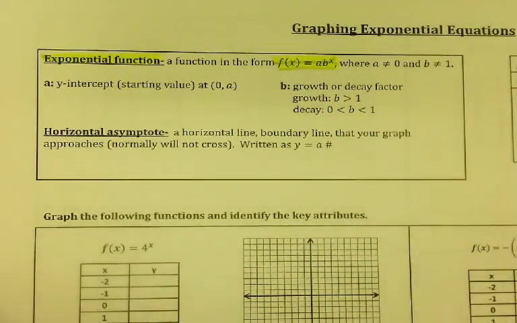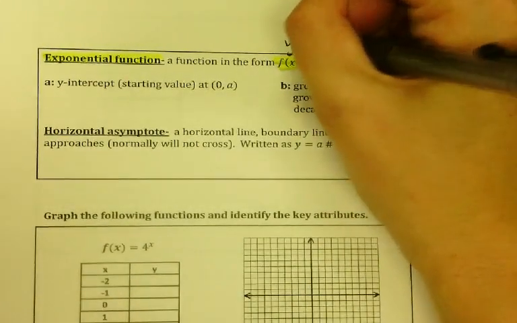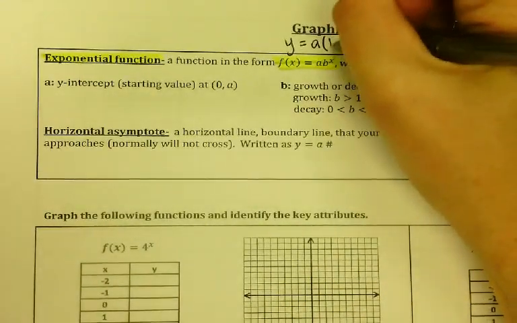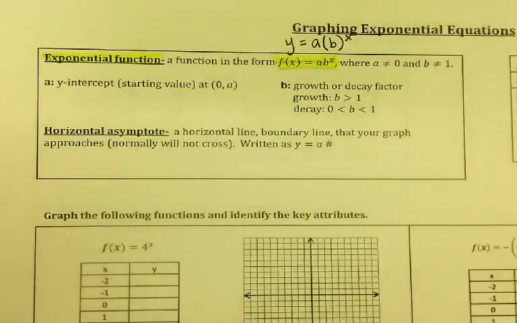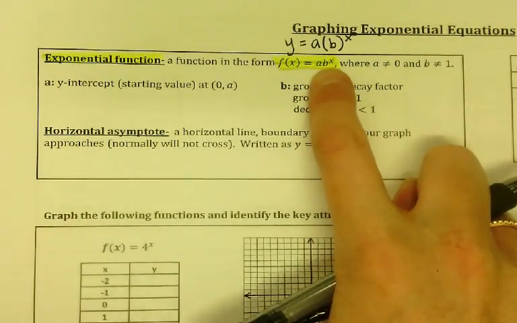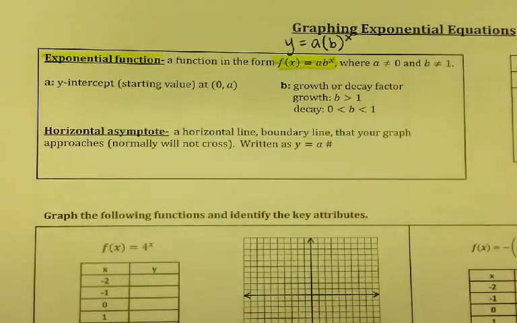Another way you can see this written is instead of f of x, you could have y equals a, with parentheses, b to the x power. So you can see it with the parentheses or without the parentheses. I personally like to write it with the parentheses, but you can see it a couple different ways.